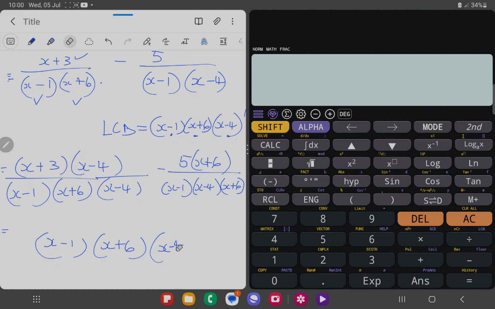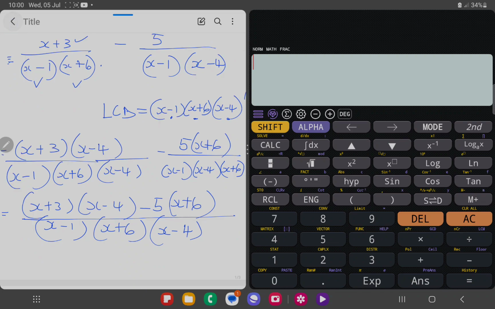Therefore what is on top we can just add: x plus 3 into x minus 4, minus 5 into x plus 6.